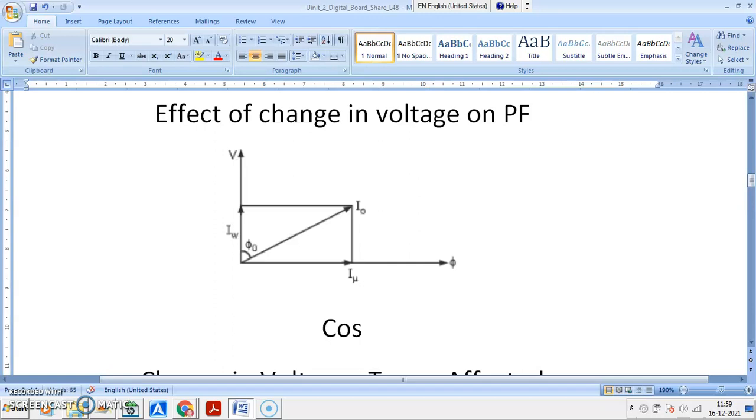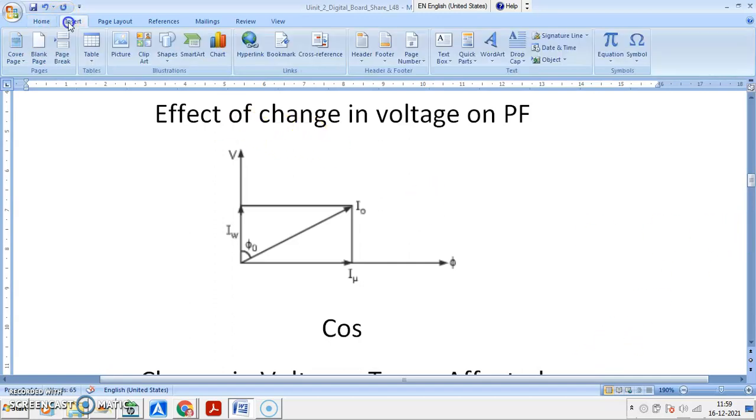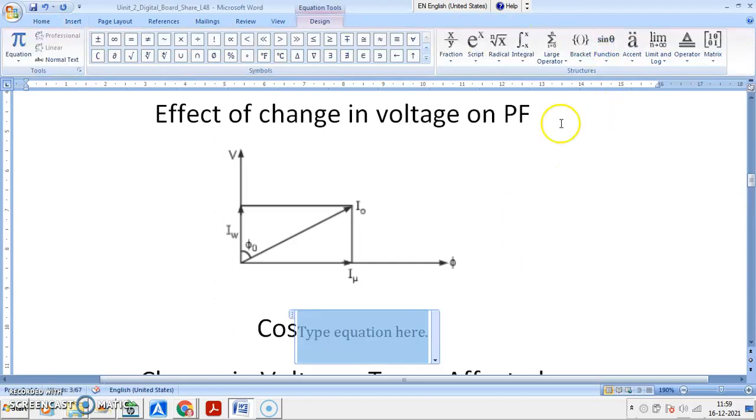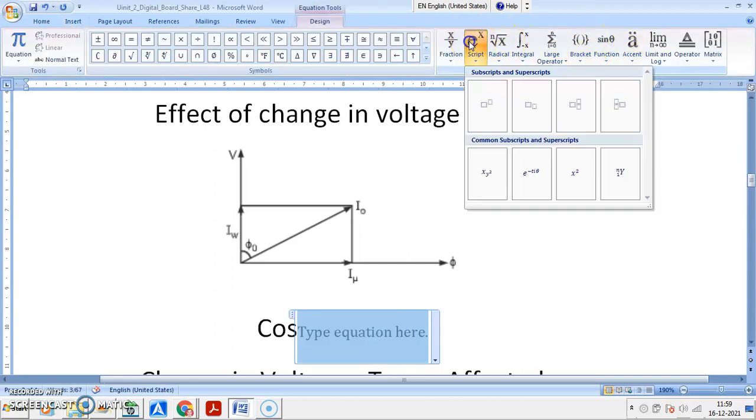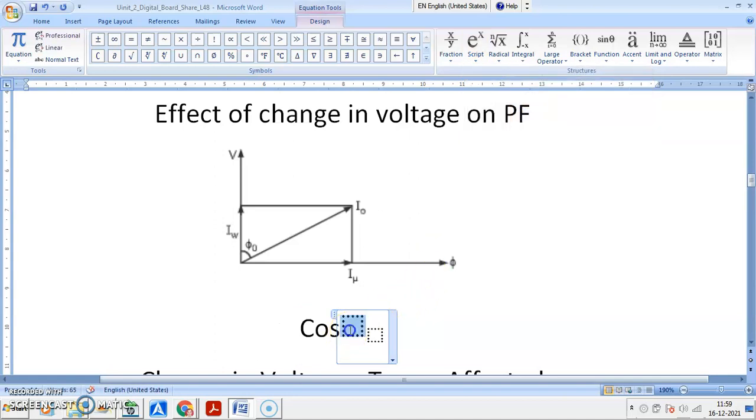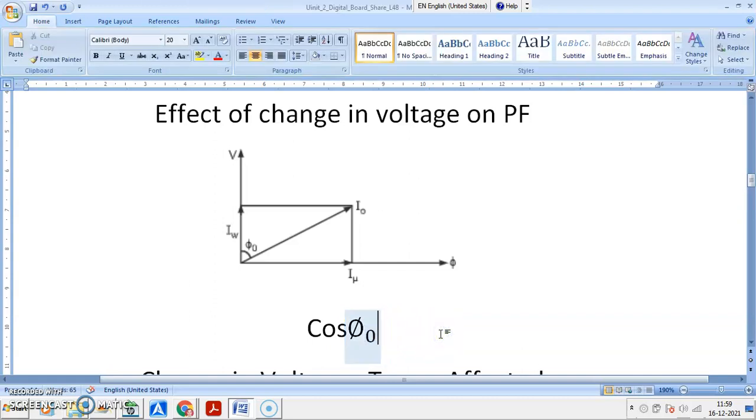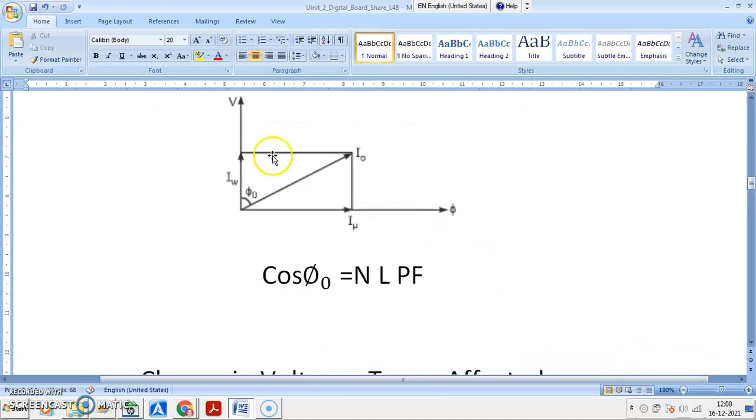You can have the equation here: cos phi 0, that is no load power factor. So you can see when this supply voltage increases, IW increases. Okay.